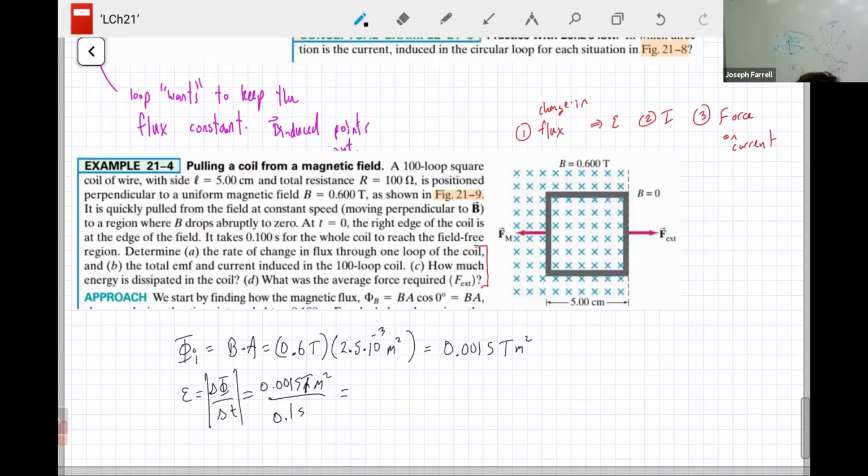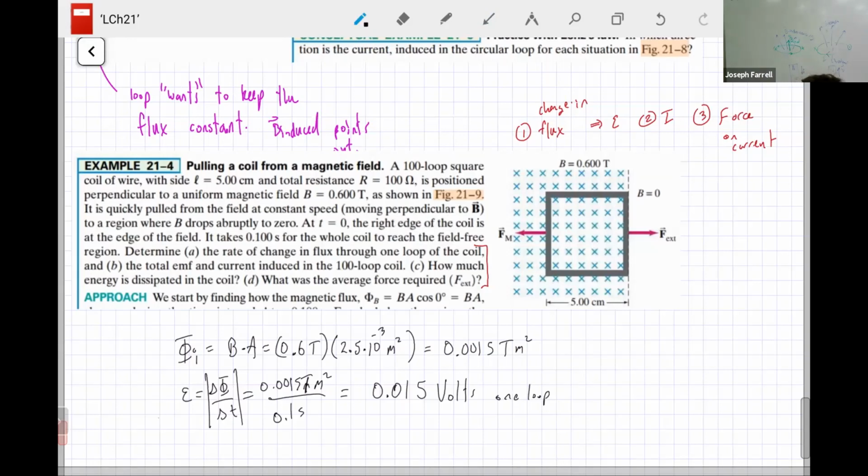And so it's 0.015, and we'll call those volts. So 15 millivolts is what we've got here for one loop. And we've got 100 loops, so we're multiplying that by 100.